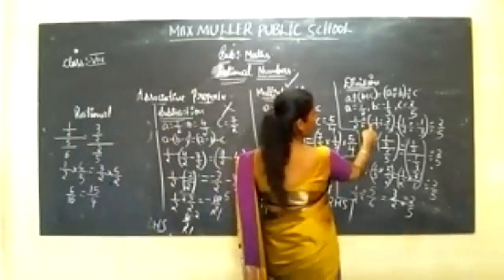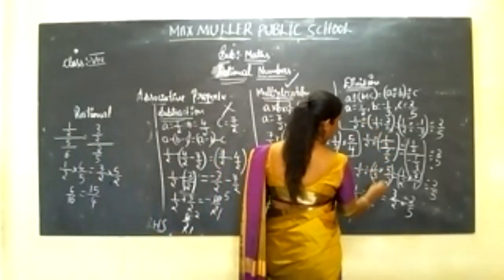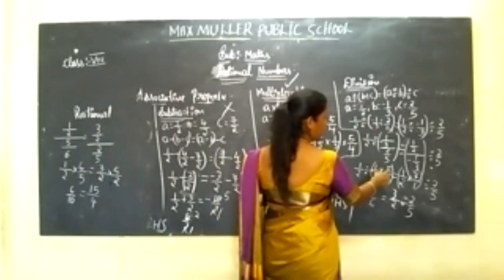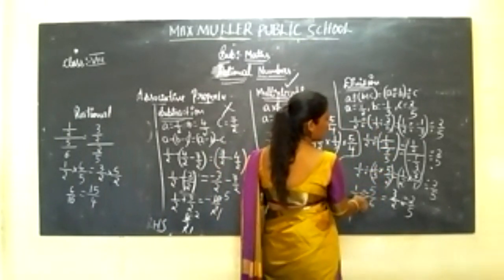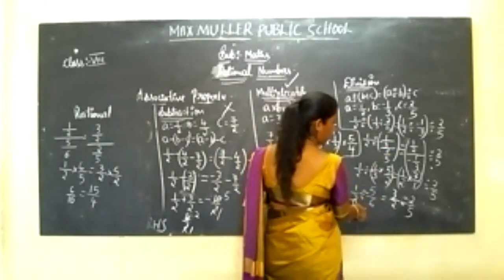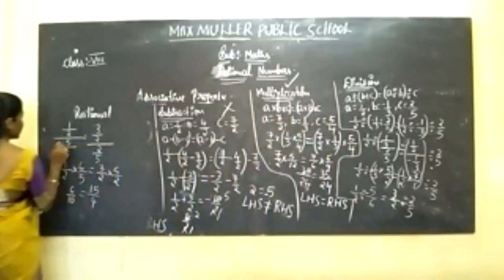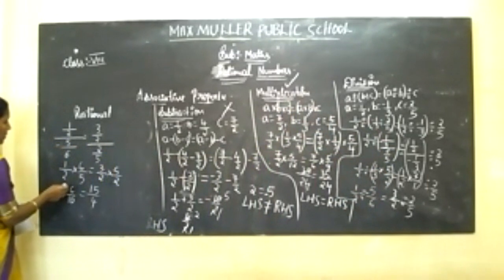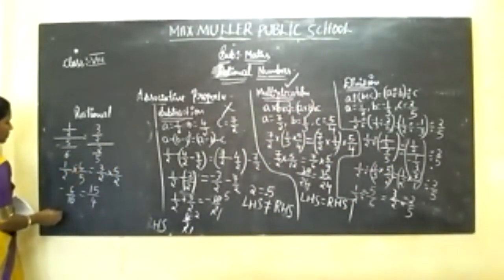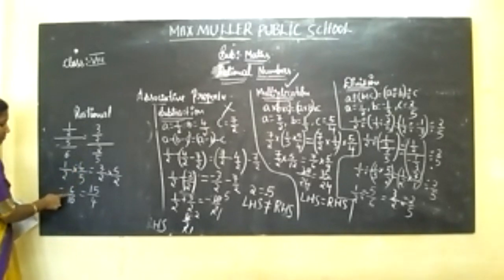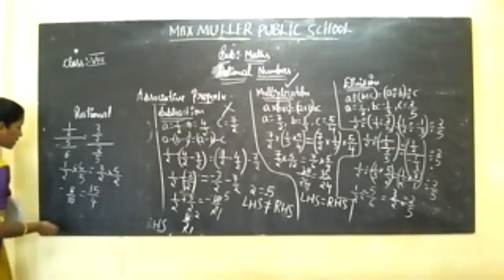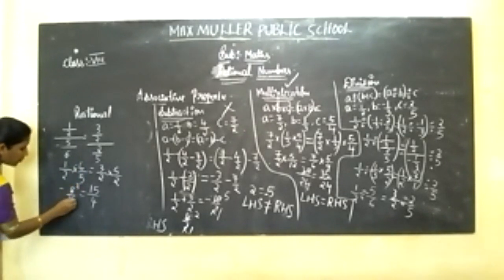This is not only 1 by 3, it is minus 1 by 3. So you have one as plus, another one as minus. So you have to put minus 5 by 6 here. So here also minus 5 by 6. So here the value becomes minus 6 by 10, that is 2 3s are 6, 2 5s are 10.